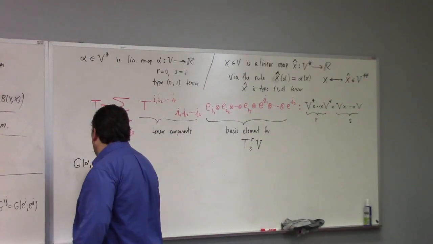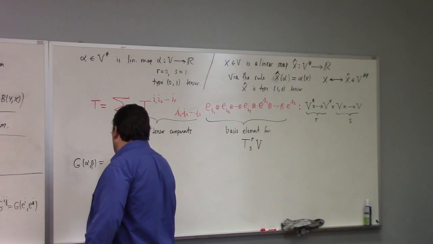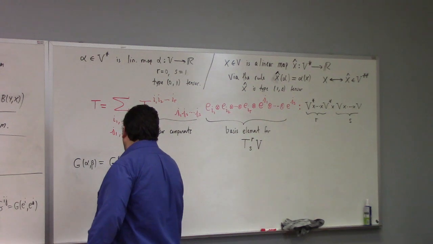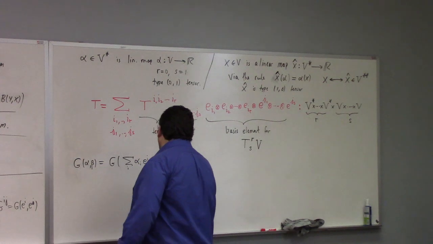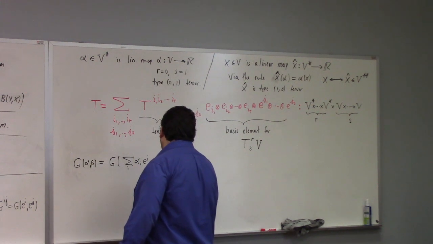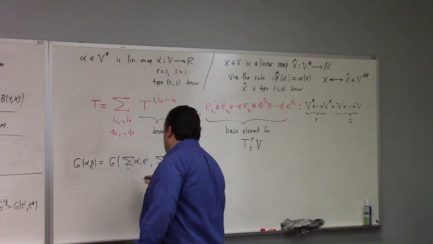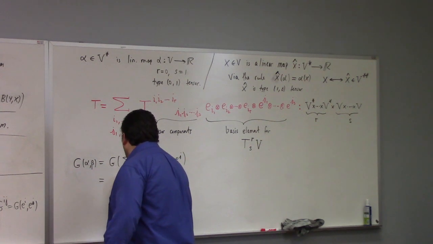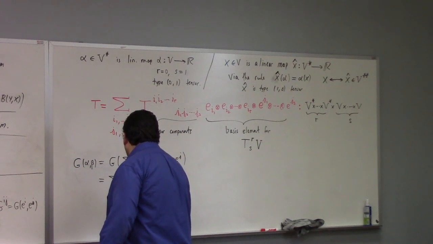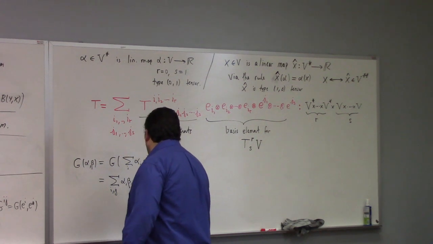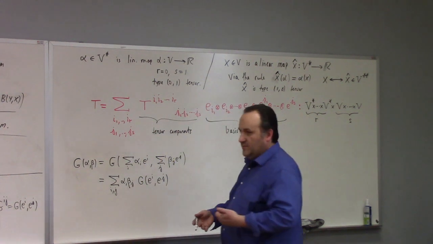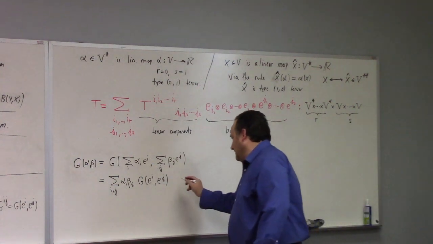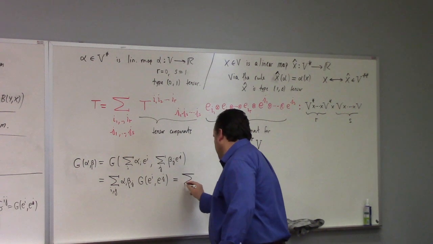So g of alpha, beta is g of the sum over i of alpha lower i e upper i, sum over j of beta lower j e upper j. Since g is bilinear, I can pull out the summations and the constants. That leaves me with g of e upper i, e upper j, which we define to be g upper ij. And I probably need another lemma, don't I?